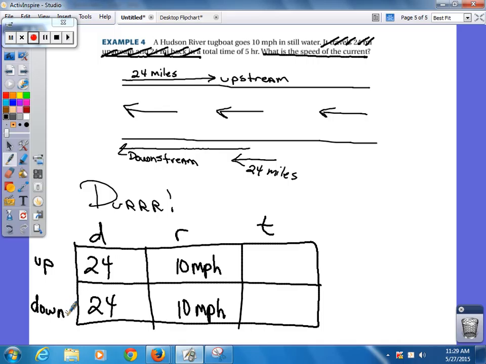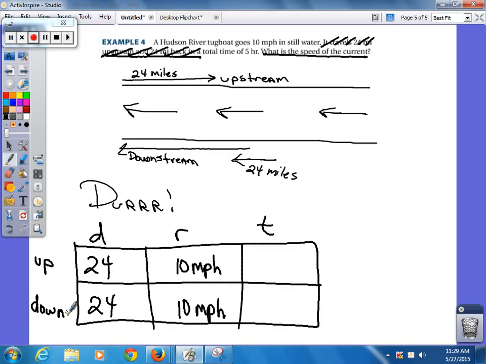Now, tell me what is going to be the rate of the boat if you have a current, upstream and downstream. What's going to be the formula for the upstream rate, and what's going to be the downstream formula? What's the current doing on both of them?